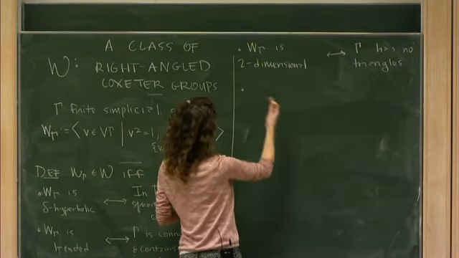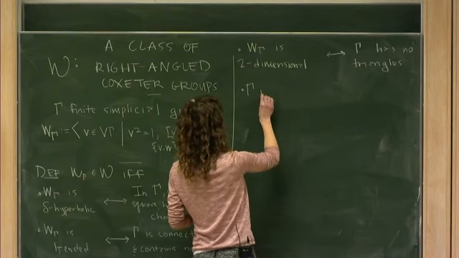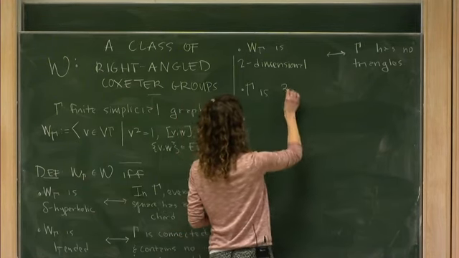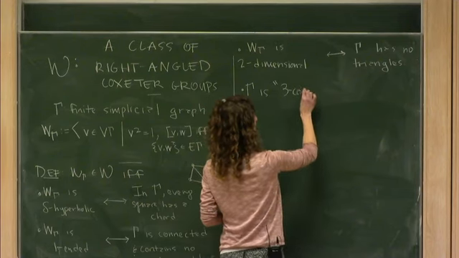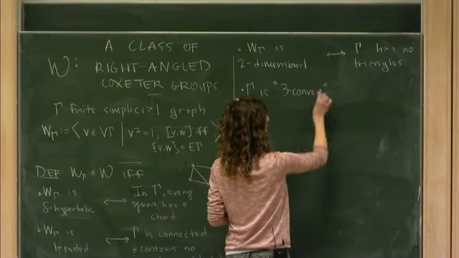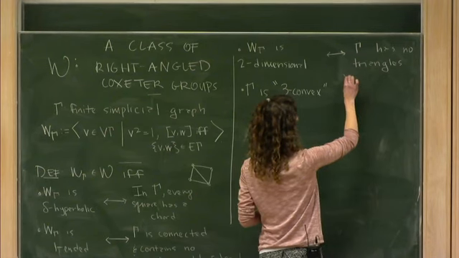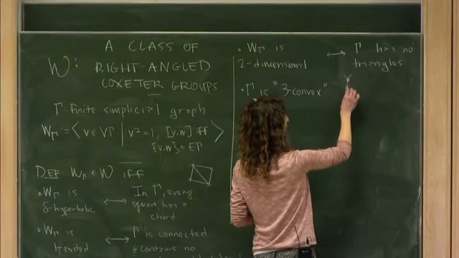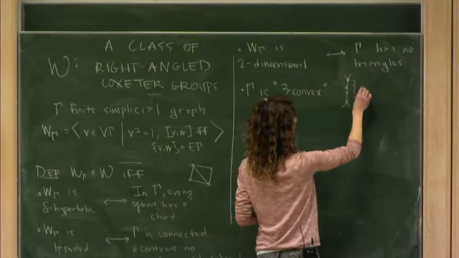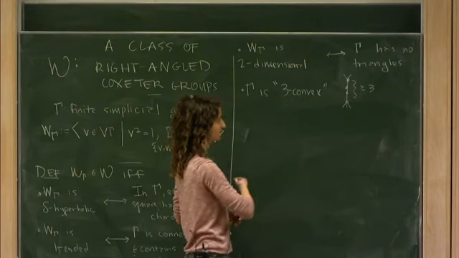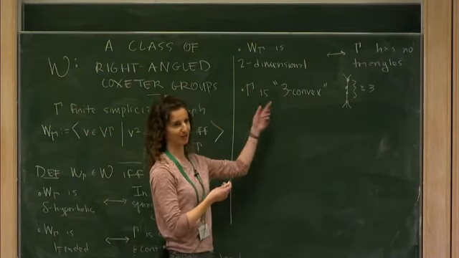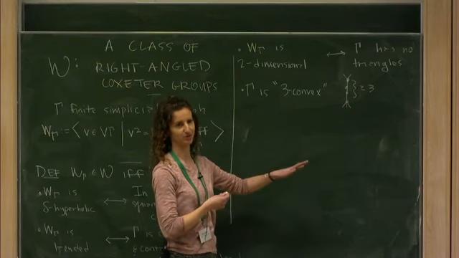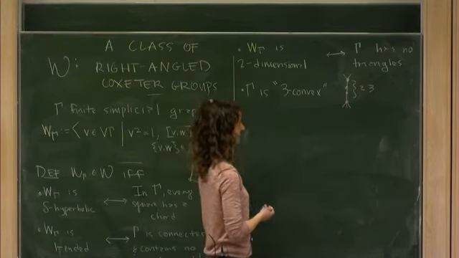We make one simplifying assumption, which is that the graph gamma is 3-convex, meaning that between any vertices of valence at least 3, every path must have length at least 3. This doesn't have a natural group theoretic analog, but it will make the rest of the results in the talk easier to state.